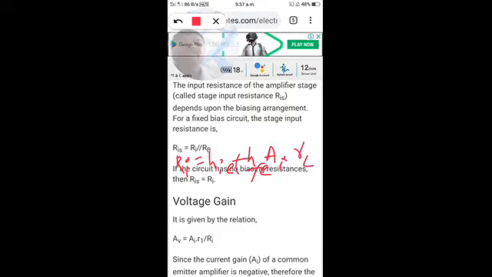So this is Ri, and Rb is the biasing resistance, the base resistance. Then Ri dash we can find, Ri dash is RIS here.